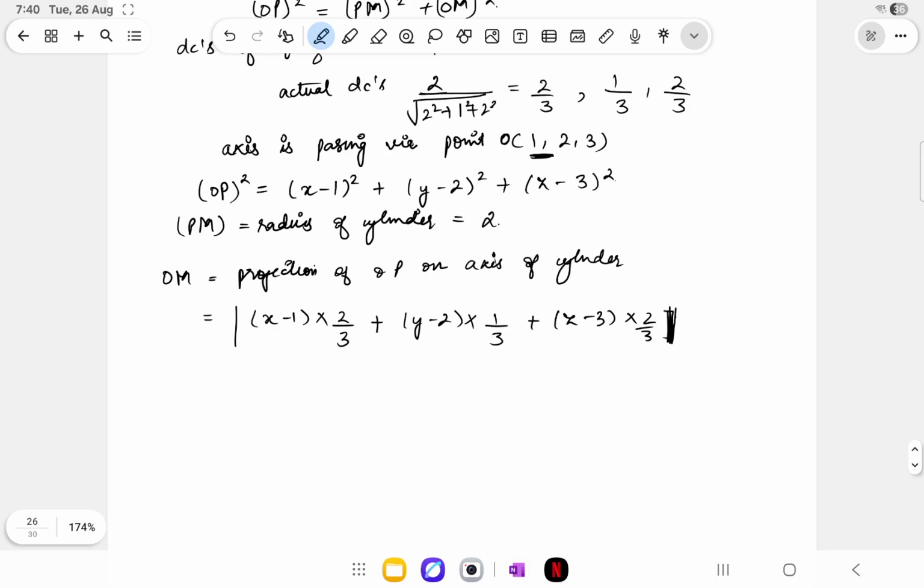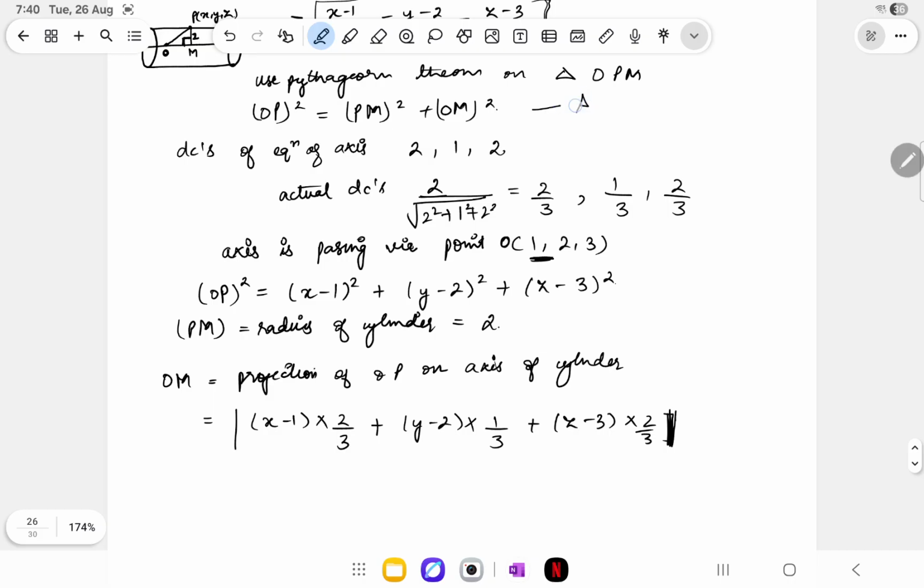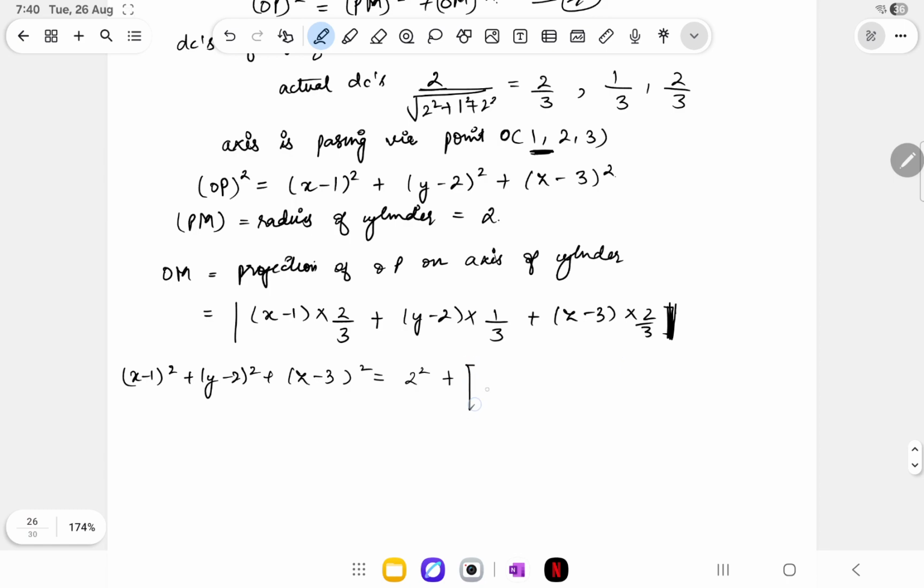So if I substitute the values of OM, OP and PM in this star equation, I will get x minus 1 square plus y minus 2 square plus z minus 3 square is equal to PM, which is 2, so 2 square, plus OM, so square of it is 2x by 3 plus y by 3 plus 2z by 3 minus 2 by 3 minus 2 by 3 minus 6 by 3, square.